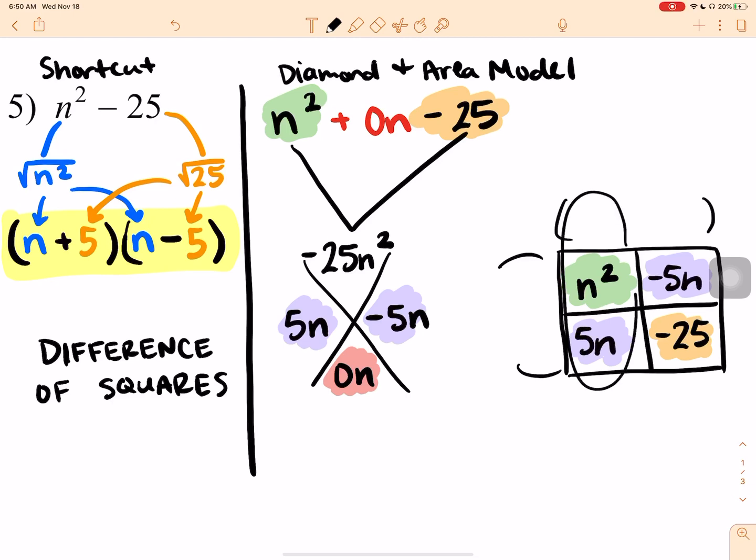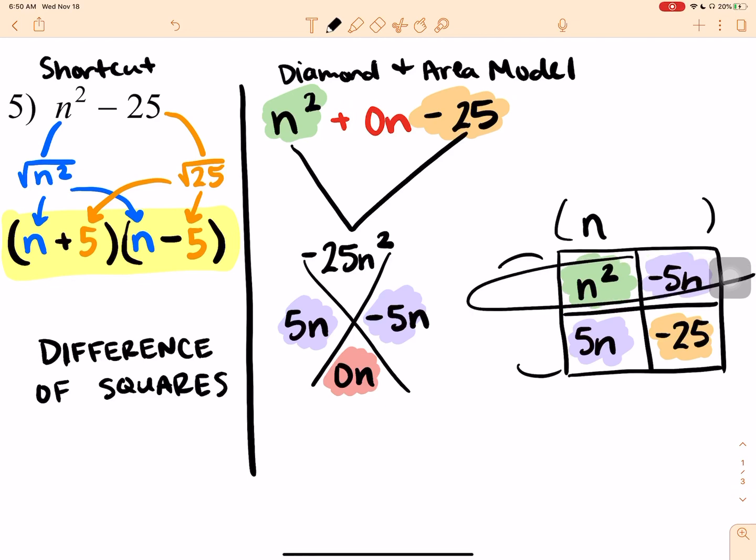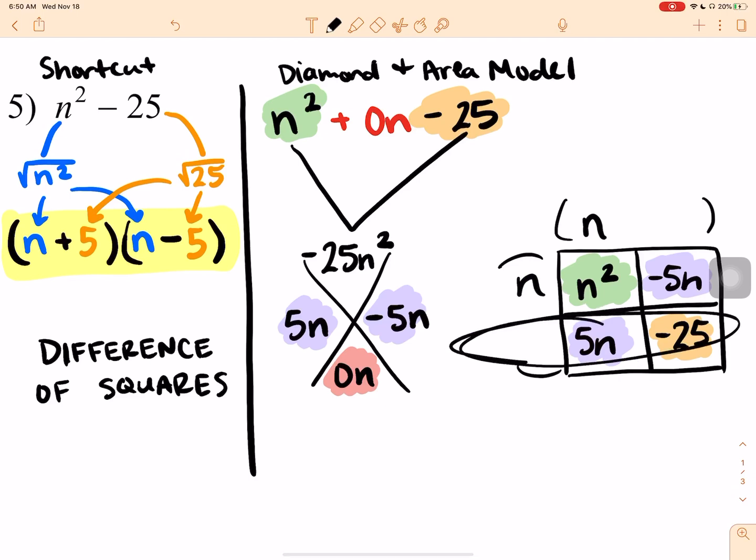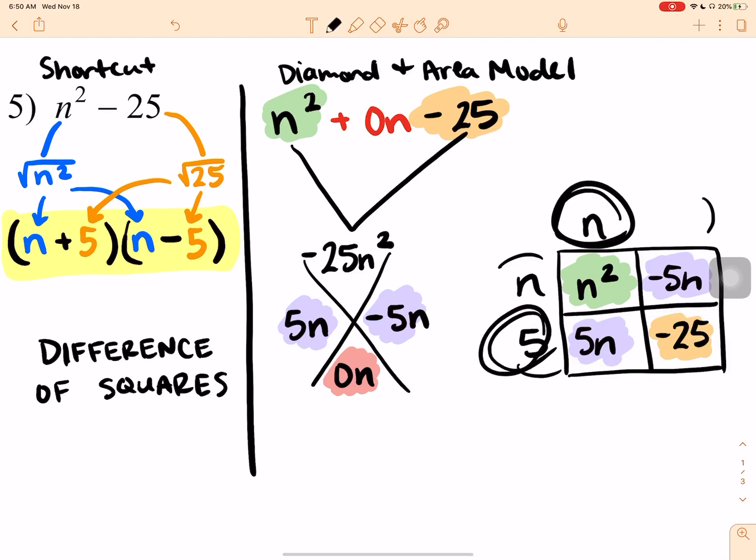So my GCF here is an n. Their coefficients do not have any common factors besides 1. Same thing here, my GCF is an n. And here it will be a 5. It's going to have to be a positive 5 because my n here times positive 5 will give me this 5n inside.